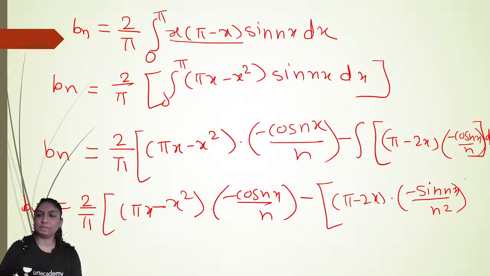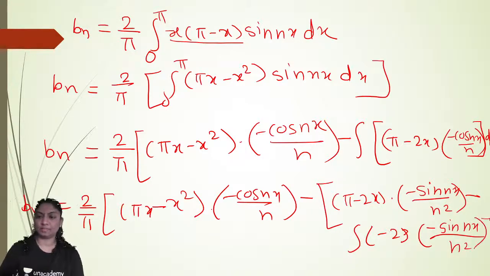So n square, minus the integration of the derivative of the first, that is minus 2, into the integral of the second. The integral of the second is minus sin nx upon n square, right?